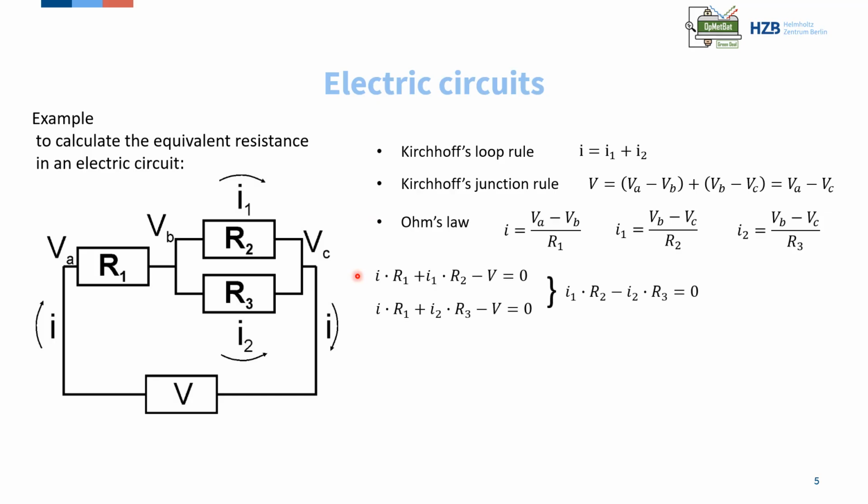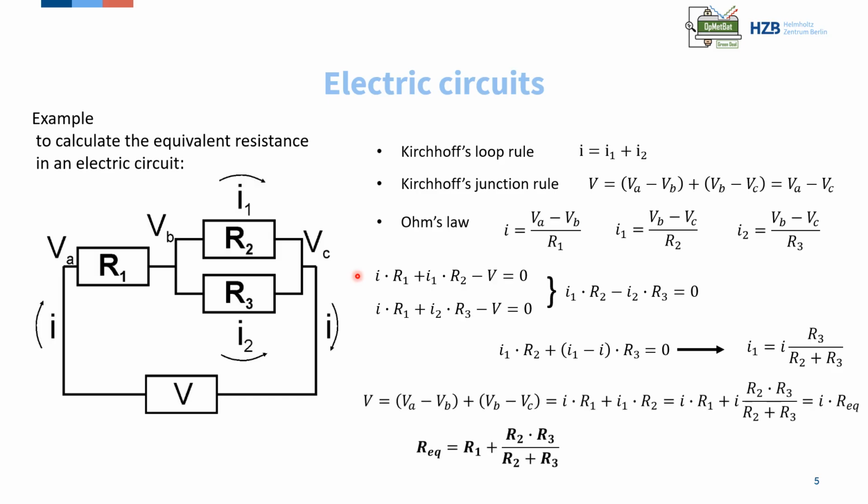Because of the parallel arranged resistors, there are two different partial currents in two loops, so that the net balance of local voltages from the loop rule can be interpreted in two ways. Subtracting these two relations of local voltages according to the current intensity, one of the local voltages and the global voltage can be suppressed, and then one of the local currents can be substituted according to the global current. At the end of the calculation, this provides the relation of the equivalent resistance for all resistors in the circuit.